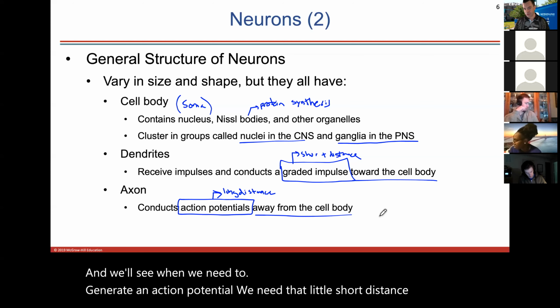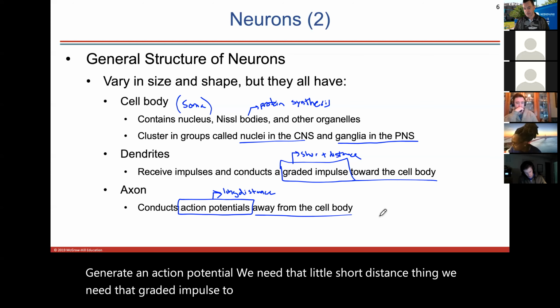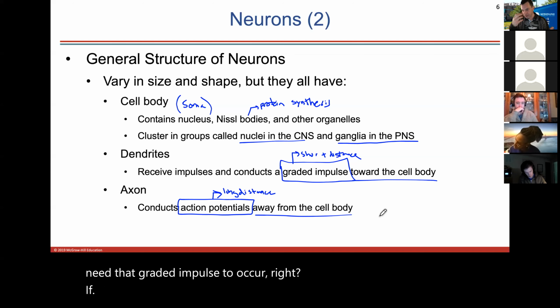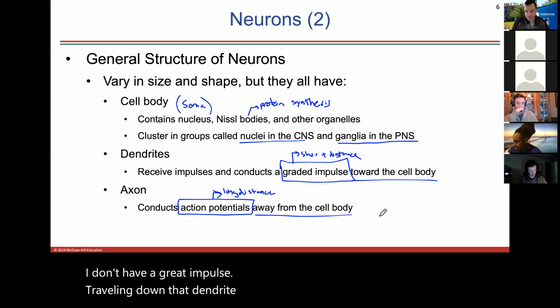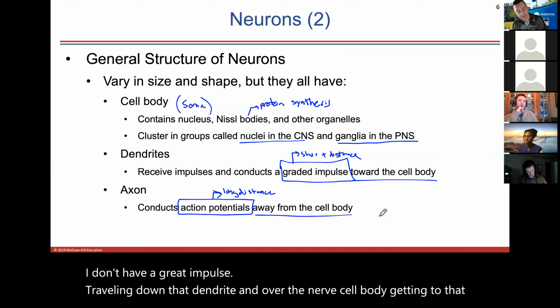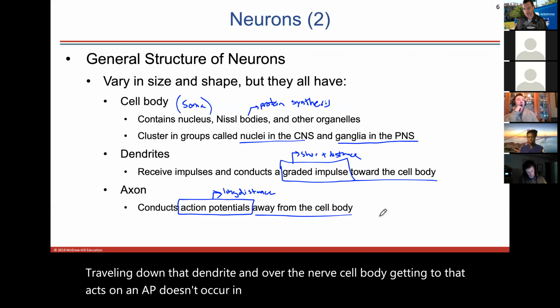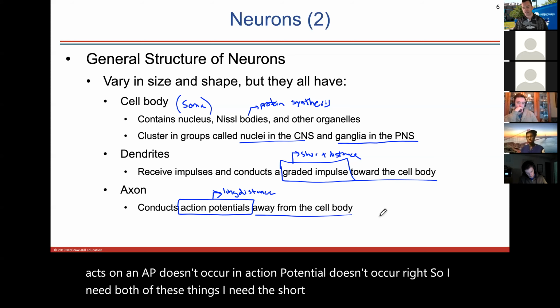We need that graded impulse to occur. All right. If I don't have a graded impulse traveling down that dendrite and over the nerve cell body, getting to that axon, an AP doesn't occur, an action potential doesn't occur. All right, so I need both of these things. I need the short distance traveler, I need the long distance traveler.